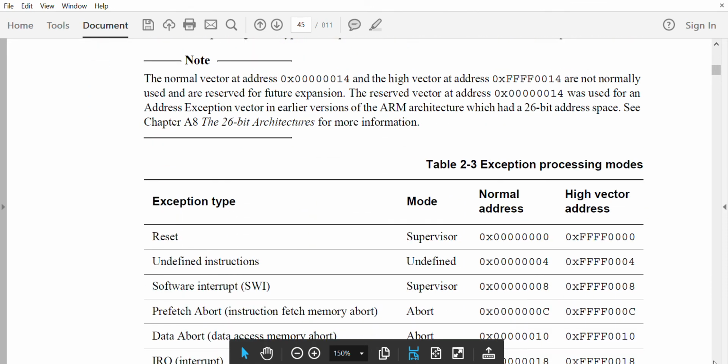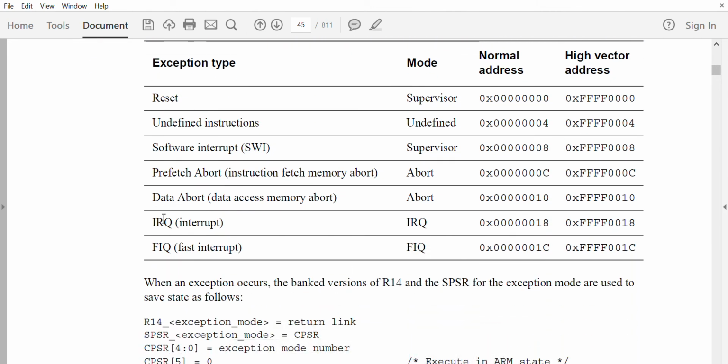These are the 7 types of exceptions. You have the reset, undefined instructions, software interrupt, prefetch abort, data abort, IRQ or the interrupt request, and FIQ or the fast interrupt. These exceptions will operate only in these modes.